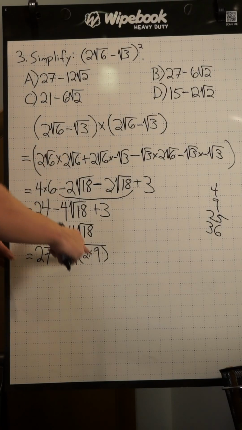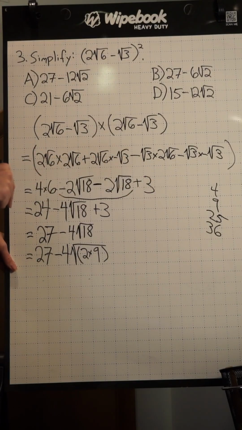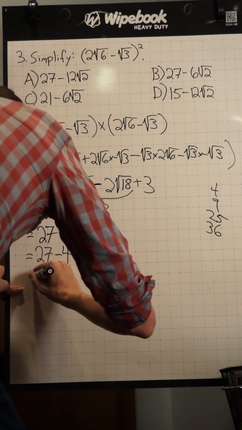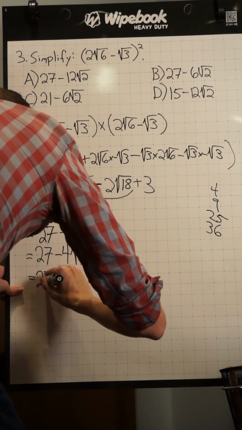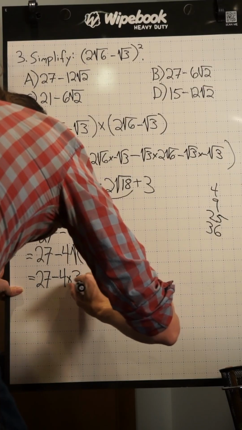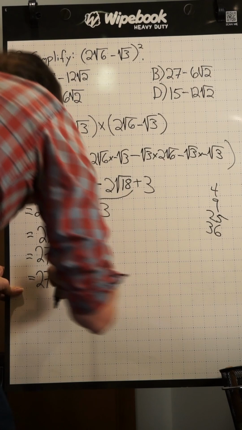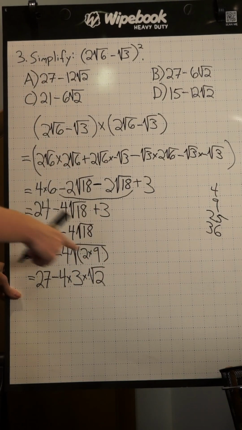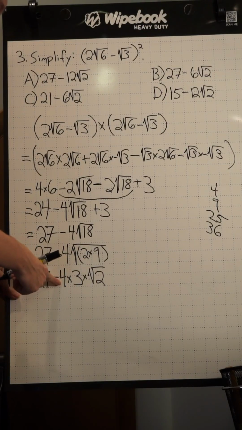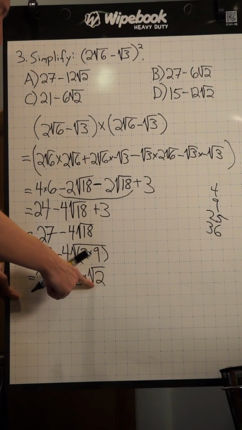So we just said the square root of 9 is 3, right? Because 3 times 3 is 9. So that means we will get minus 4 times 3, and then times, we still have this square root of 2, right? The square root of 9 became the 3, so I wrote it down here. We had the 4 times square root of 9 is 3, times, we still have square root of 2.